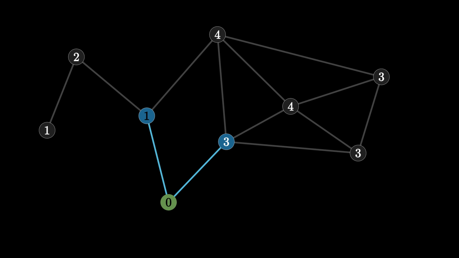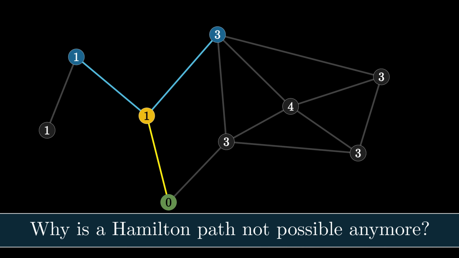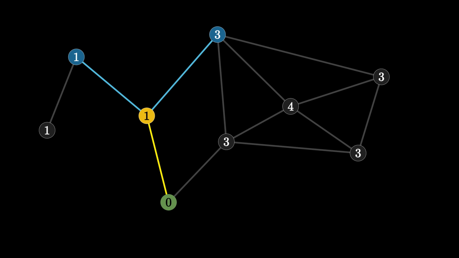In this case, the graph is designed in such a way that Warnsdorff's algorithm fails immediately after the first step. But as mentioned before, this is not surprising, since the Hamilton path problem is NP-complete and therefore NP-hard.